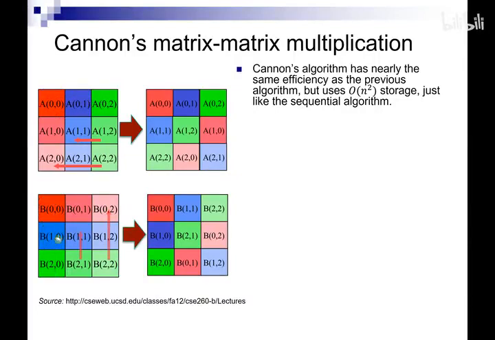In fact, this happens in every multiplication that you want to do. Suppose you want to get, let's say, this value of the output, of the C matrix. What you need to do is take this row of A and multiply by this column of B. Again, you see that we multiply the red part of A and the red part of B, the blue part of A and the blue part of B, and the green part and the green part.